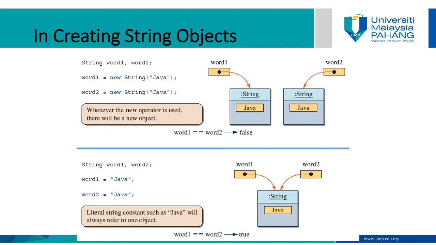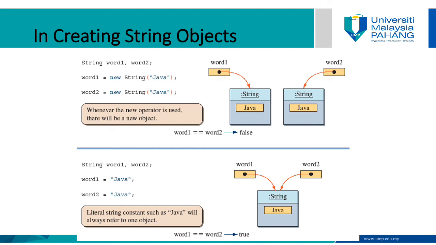Whenever the new operator is used, there will be a new object. So if you do it like this, your code will always be false. The right way to do this is like this: String word1, word2, and then you simply assign word1 to Java and word2 to Java.